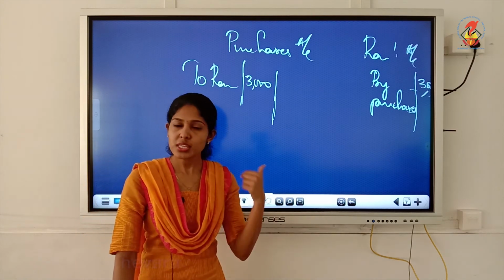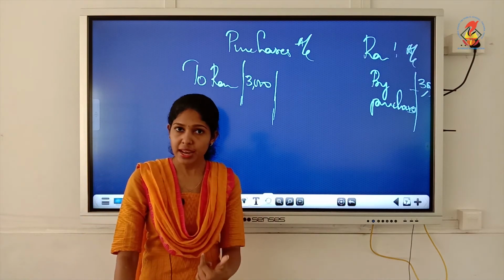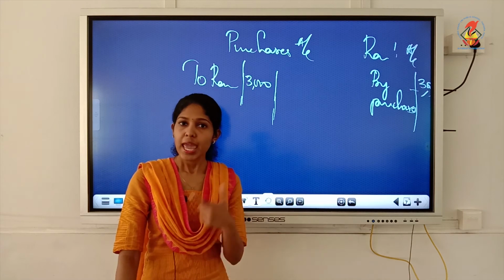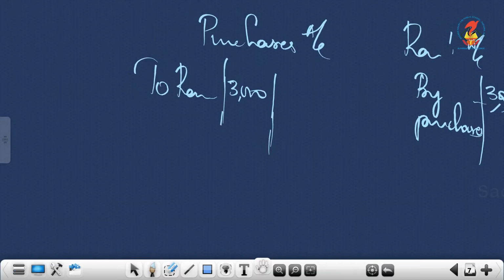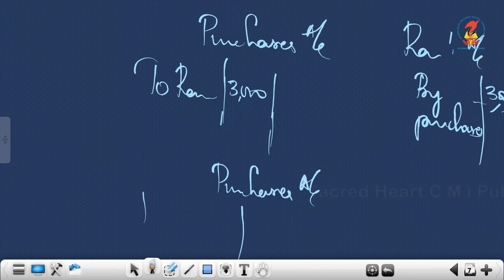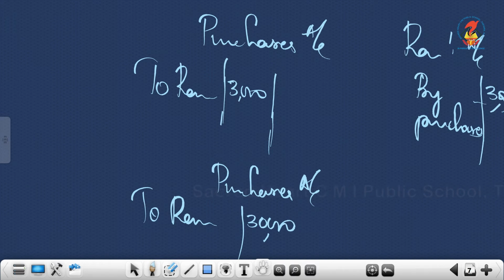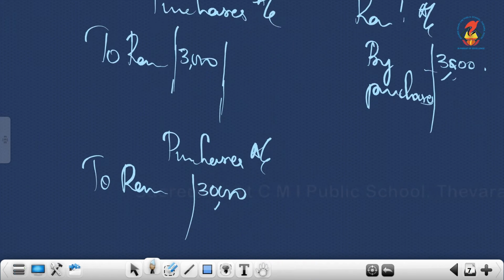Okay, next. So this will not affect the trial balance, but there are situations in which error of posting may affect the trial balance. The example we can take is the same example. We did the purchases account, the ledger account we prepared. We wrote to Ram, the amount we wrote correctly, 30,000, that is the correct amount, and 3,000 is the wrong amount.